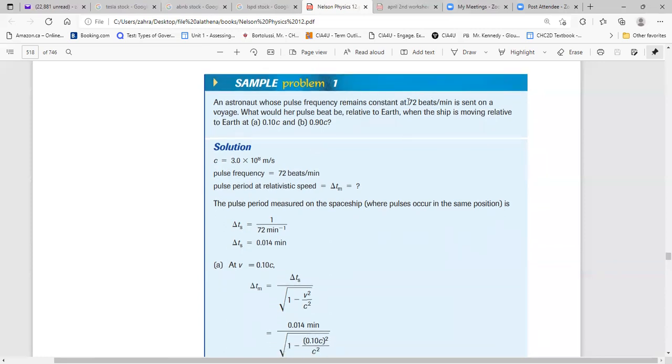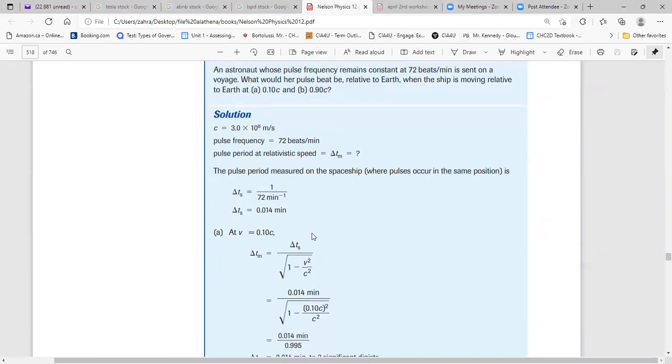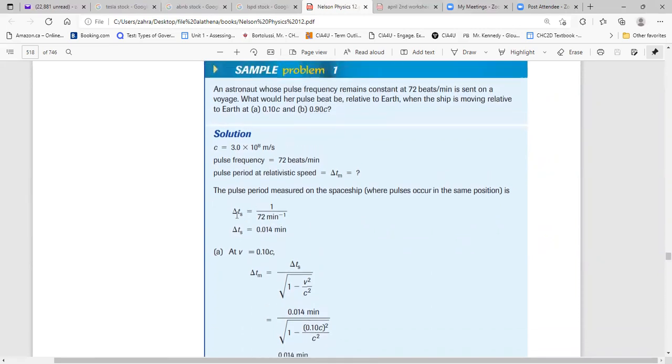Since I want a time, and this is the frequency, I want to turn it into the period, whose unit is time, right? So delta t is 1/72. This is the pulse period measured on the spacecraft, right?